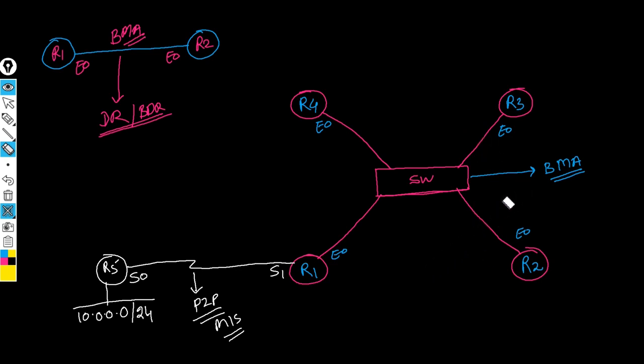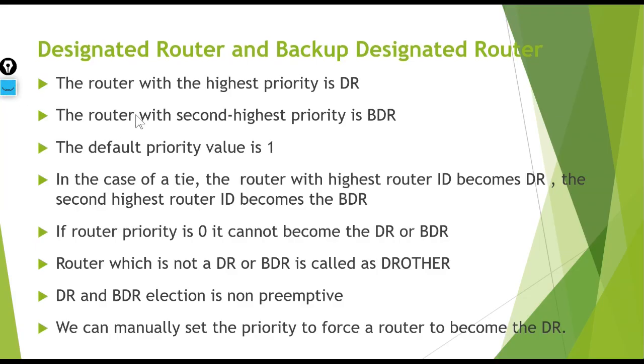Now see. When it comes to DR and BDR, you need to understand the DR BDR election process. Make sure the DR and BDR election takes place during the neighbor formation itself, in the two-way state. And read this. When it becomes DR and when it becomes BDR, that's very important to understand.